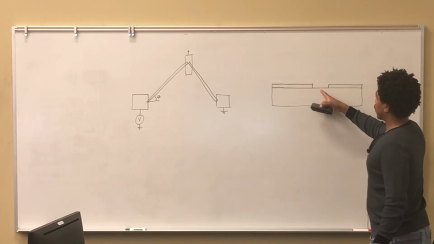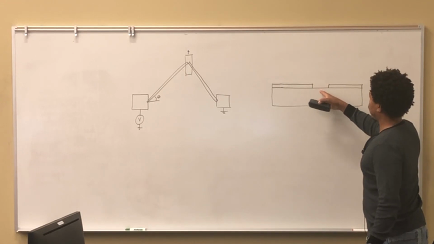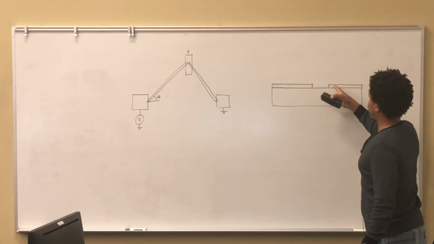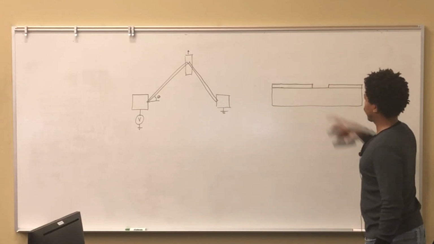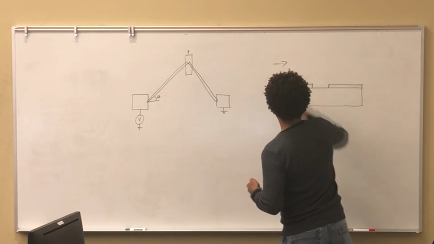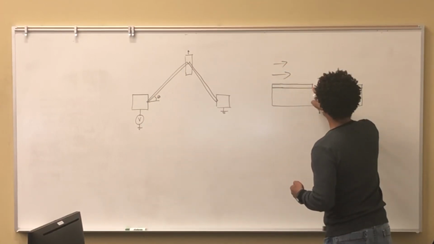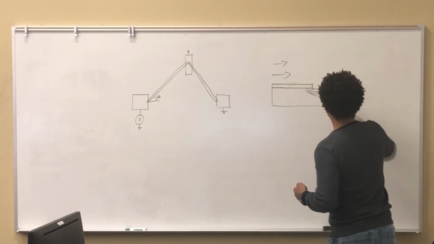And now you want some type of chemical etchant to come in here to just etch away this material and leave behind this other material. Okay, so you're flowing through some chemical and it's going to start etching away. Well, what happens is that first it looks like this, then it starts looking like this, and then it starts looking like this, and it takes on this weird shape, right?